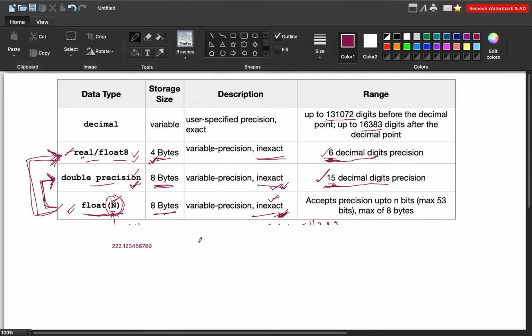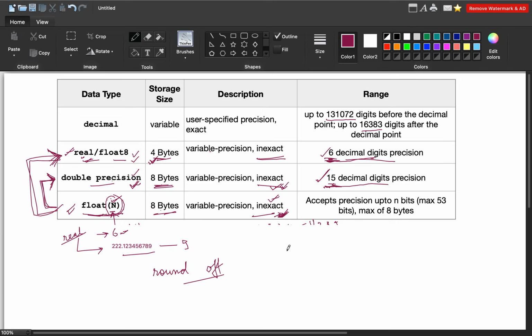So we know that this value which we have inserted is for the real data type. Now the real data type says that it can store a maximum of 6 decimal digits, right? But here we are trying to store 9 decimal digits. So now what SQL is doing is performing a round off operation.